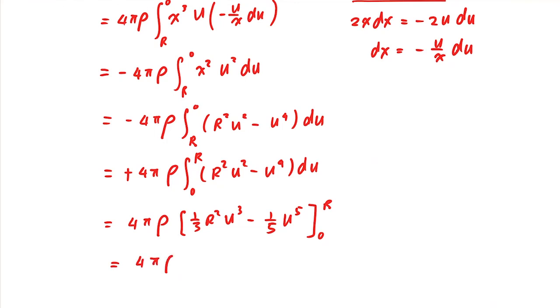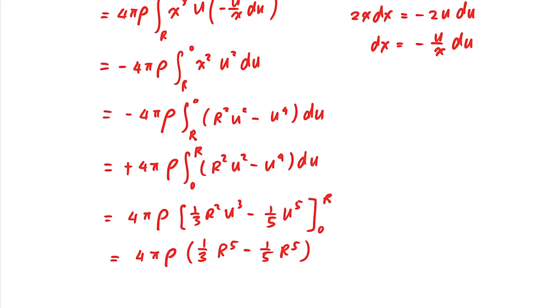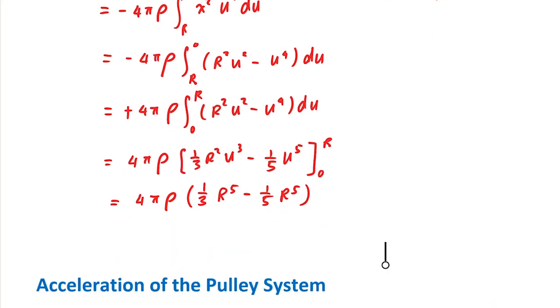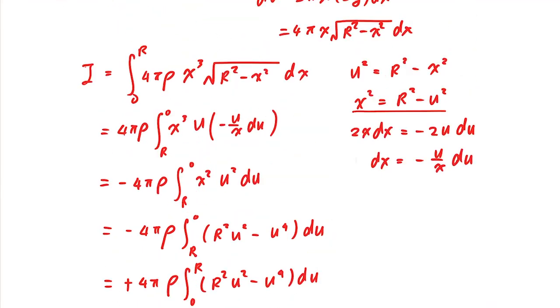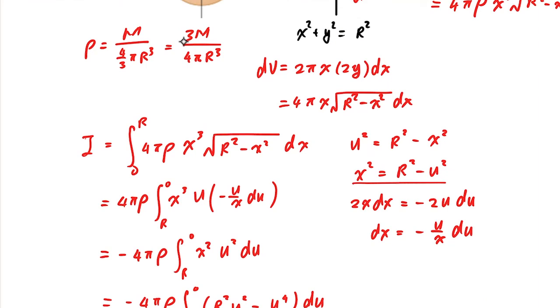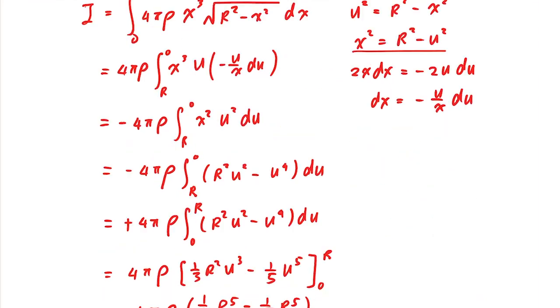So we have 4 pi rho, and if you plug in r here, you get r to the fifth power, and then r here. Okay, time to add fractions. Somebody tell me how those fractions add while I substitute rho. Remember, rho is way up there, 3m over 4 pi r cubed.